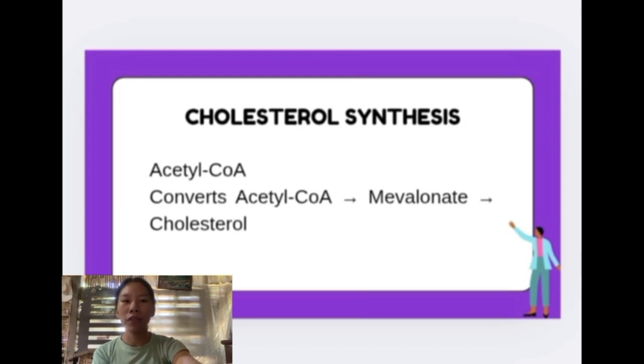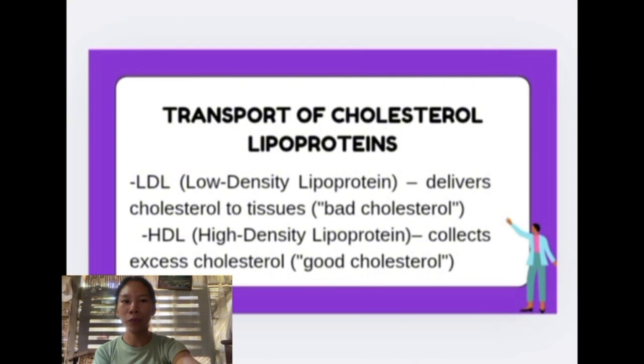Next is the transport of cholesterol in lipoproteins. LDL, low-density lipoprotein, delivers cholesterol to tissues, the bad cholesterol. And HDL, high-density lipoprotein, collects excess cholesterol, the good cholesterol. A high LDL level is a risk of atherosclerosis, and HDL helps clear cholesterol from the blood.